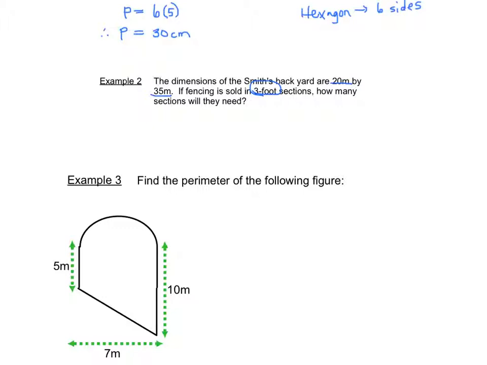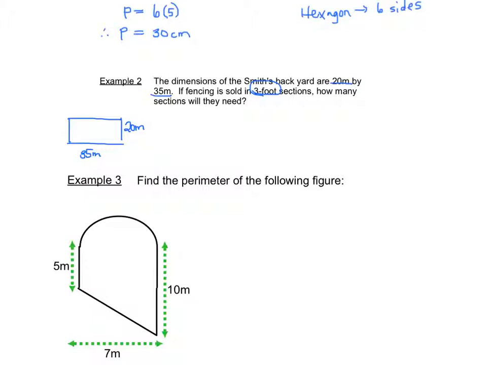What I would recommend is that you convert the dimensions to feet first. Or in actual fact, we could find the perimeter first, and then convert that to feet. It really doesn't make a lot of difference. We have the backyard, which is a rectangle with a length of 35 meters and a width of 20 meters.